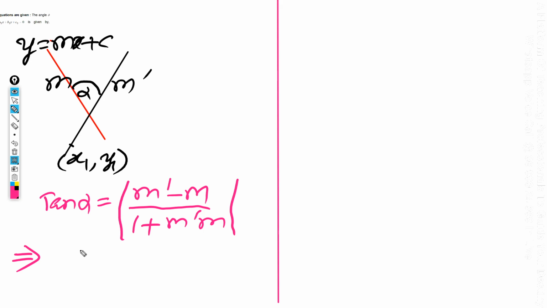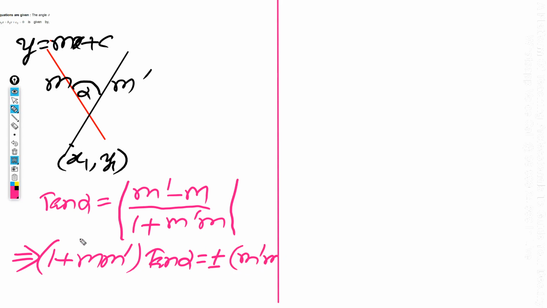Implies 1 plus m m dash into tan alpha, cross multiplying this, is equal to plus or minus m dash minus m. Plus or minus m dash minus m.